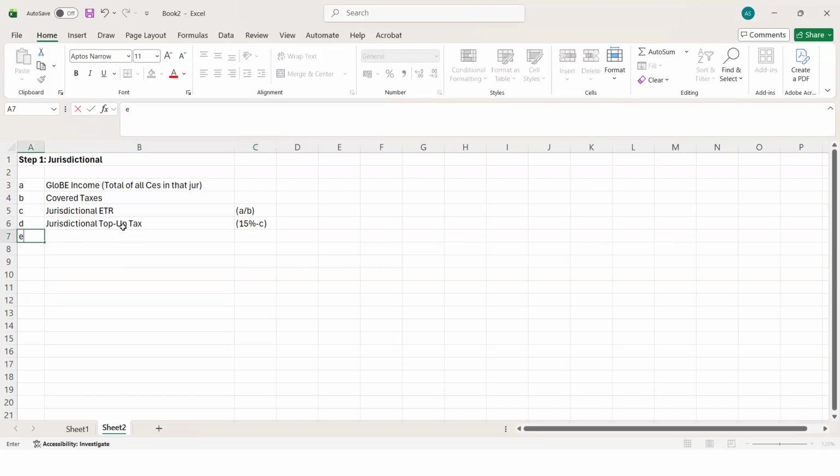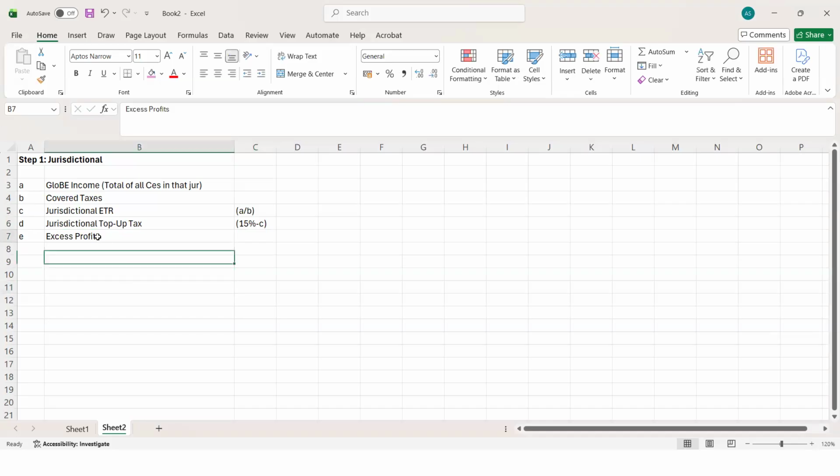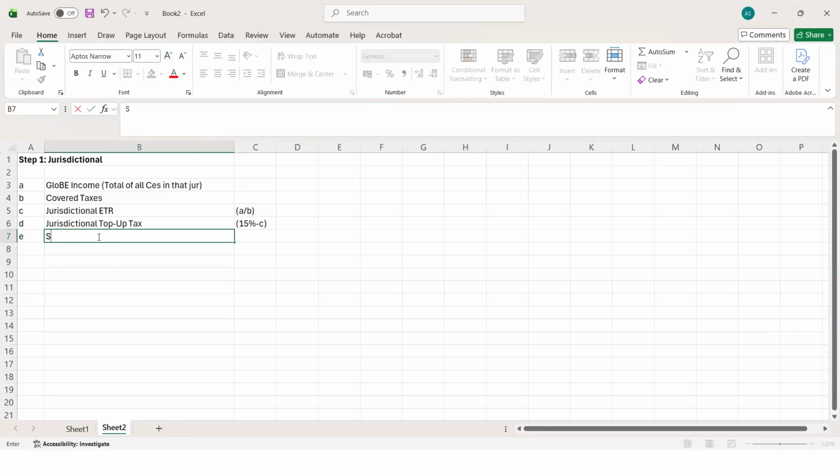I will find the excess profits. How do I get excess profits? Before that, I would calculate the substance-based income exclusions. I will take the employee payroll cost and tangible asset net book value, and I will multiply it with the percentages given in law, right?